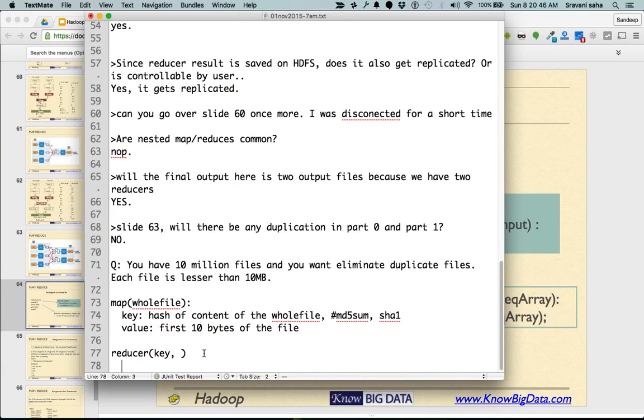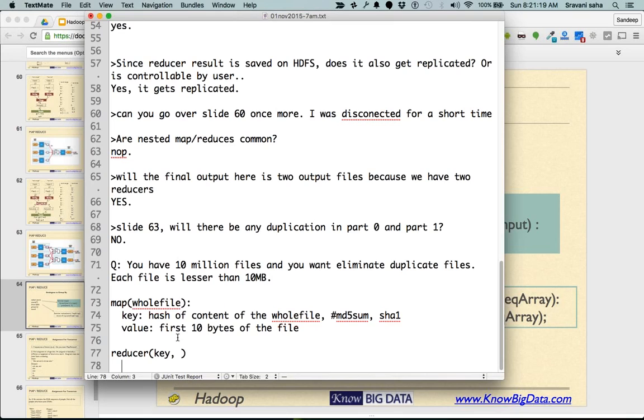We are assuming that we first compare the hash of the file, and if the hash is the same, then we compare just the first 10 bytes, which should be good enough to establish whether the files are the same or different. But collision of a hash is a very rare phenomenon.